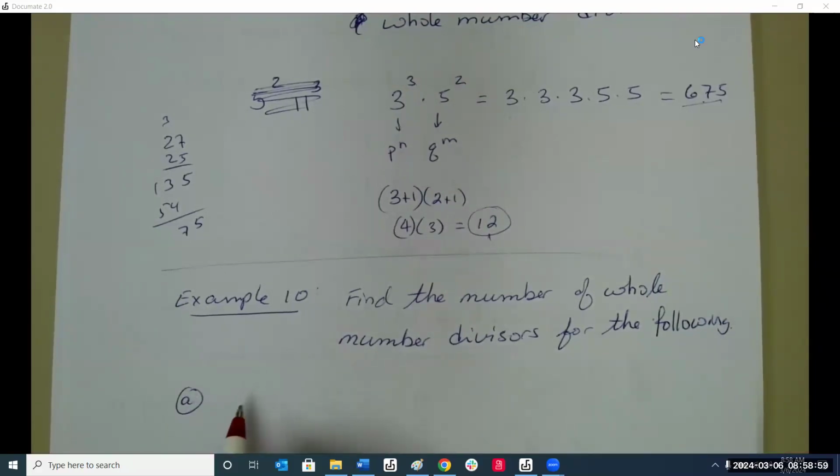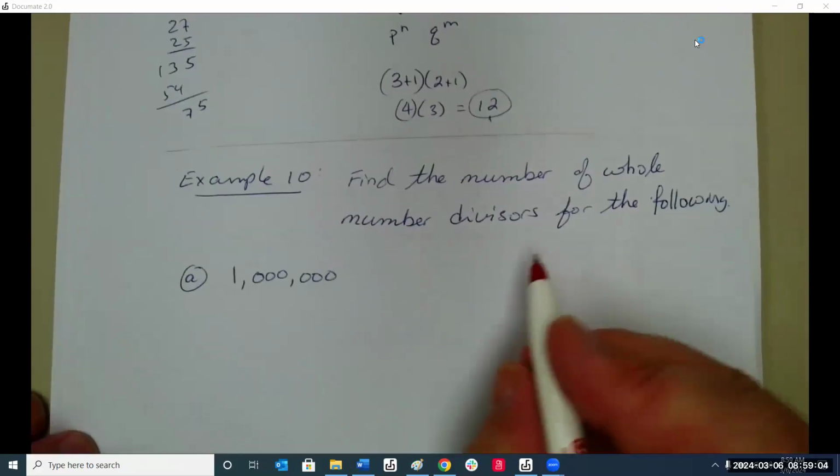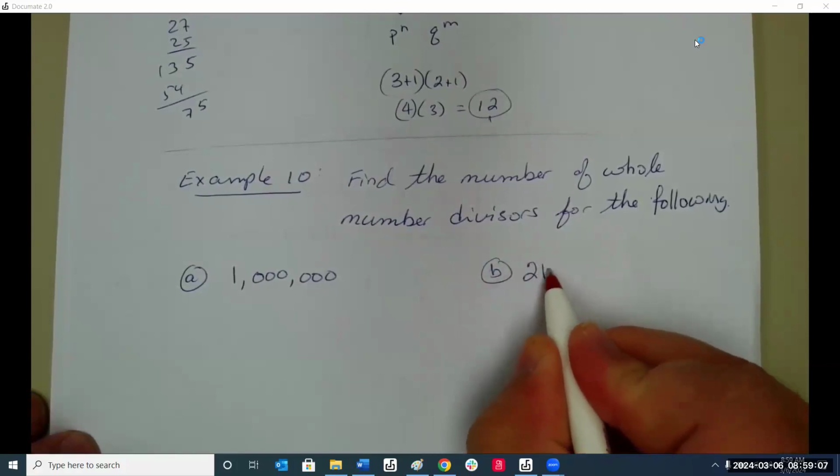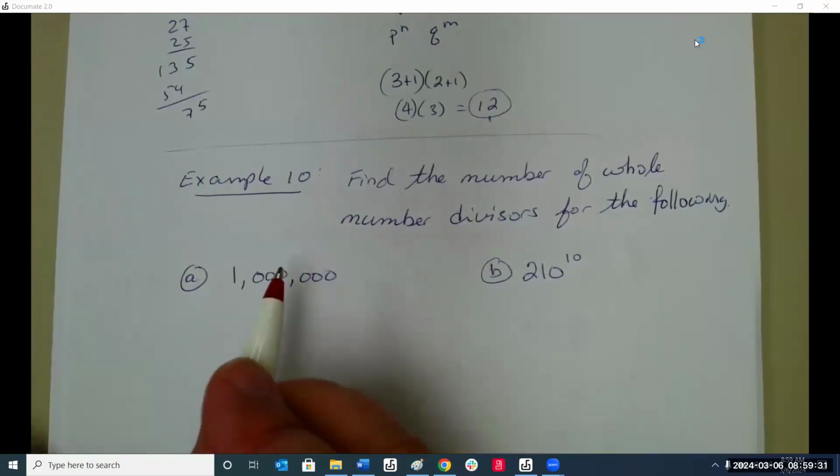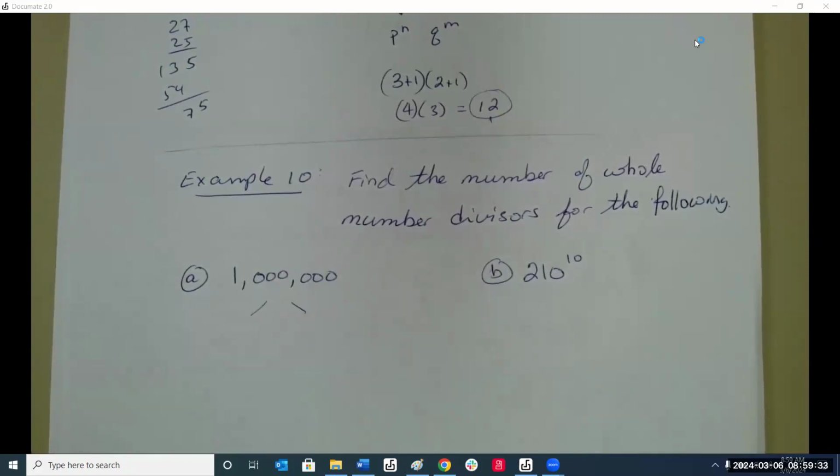A, we have 1 million, and we have 210 to the 10th. How would we go about doing this? So how would we rewrite that one? What's the easiest way of writing 1 million as an exponent?